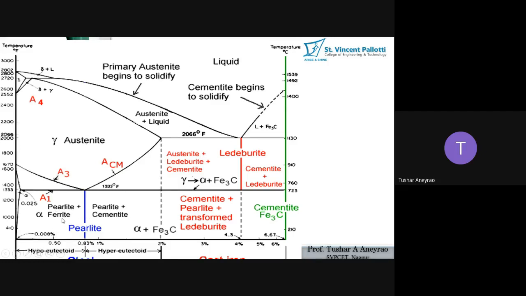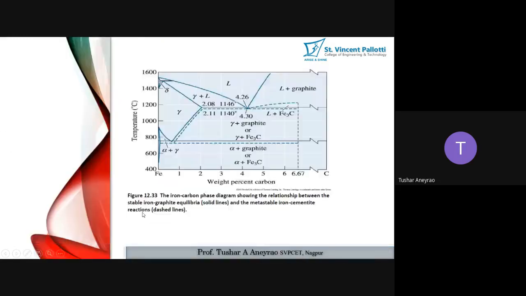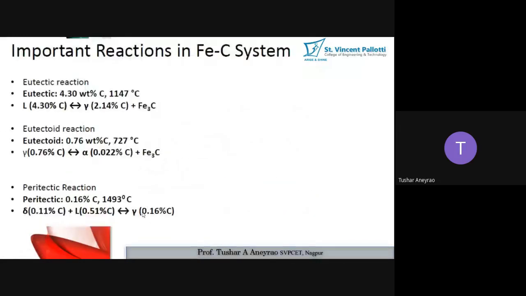So here one streak of alpha ferrite will be there and one streak of cementite will be there, and the mixture will be called the pearlite mixture. Let us see in detail how it is happening.